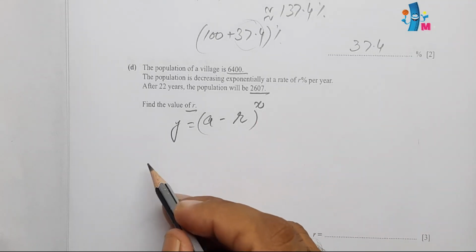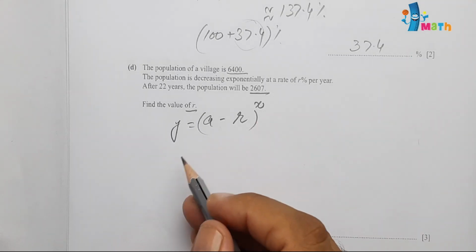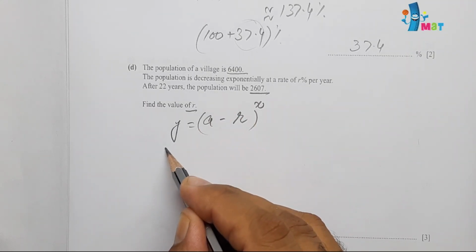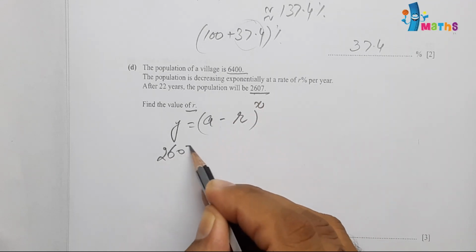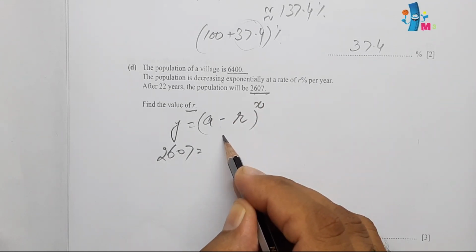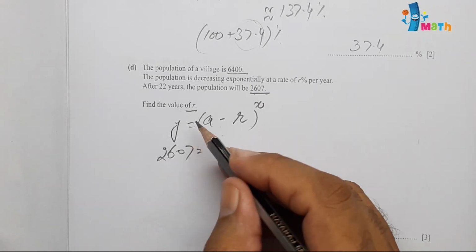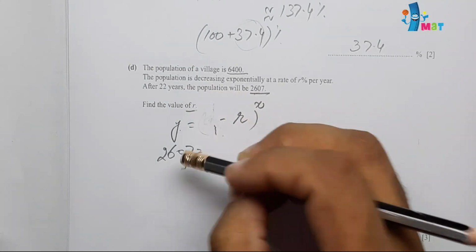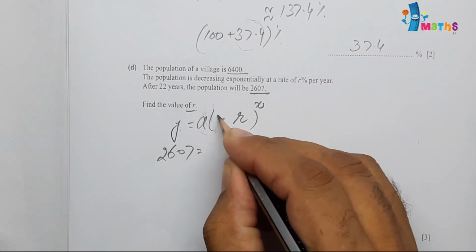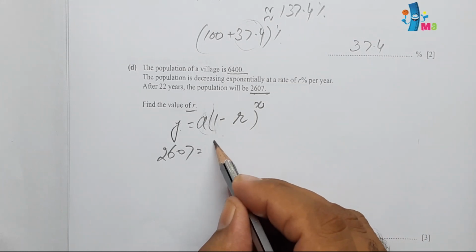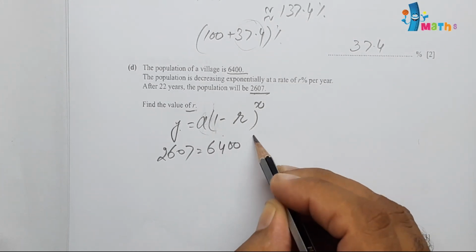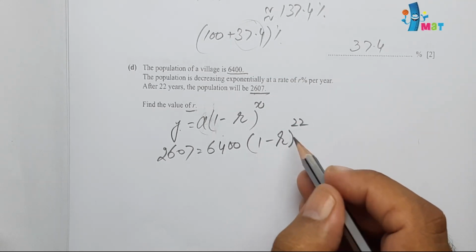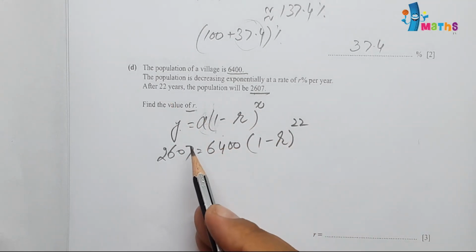The y value in this case is 2607, and the a value is 6400. If I rectify the formula, this is a into 1 minus r raised to the power x. So 6400 into (1 minus r) whole raised to power 22, because 22 years.